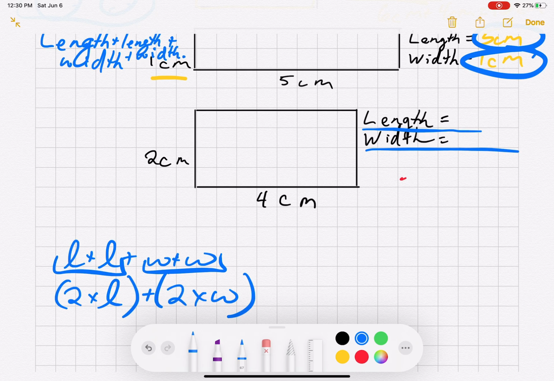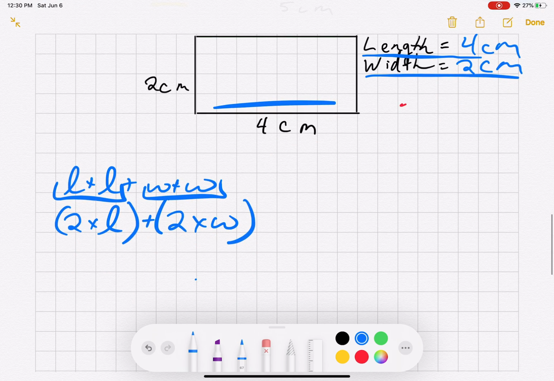It's going to substitute. So my length is 4 centimeters, and my width is 2 centimeters. So now I'm going to take the length here, and I'm going to substitute it for the L symbol that represents length.